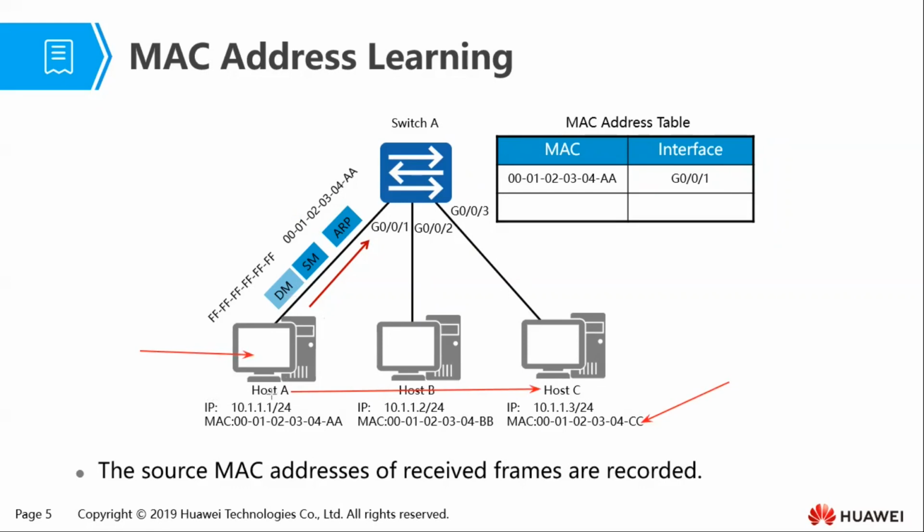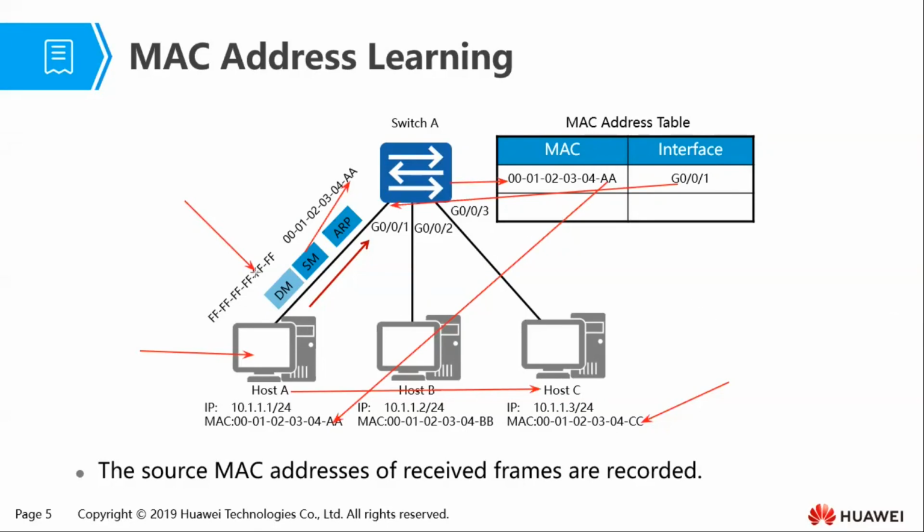If that entry is not there, then host A will generate a broadcast ARP request packet with the destination MAC address of all Fs. The source MAC address is going to be the MAC address of host A. Now, when the switch receives this frame, it is going to update its MAC address table with the MAC address of host A and the interface via which it has been connected, G0/0/1.